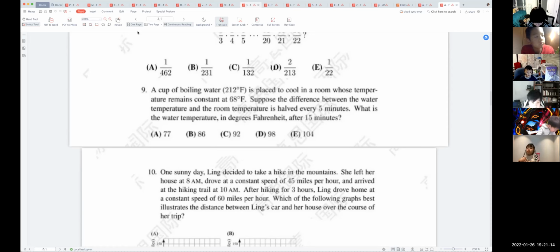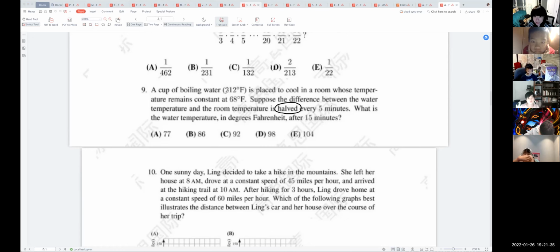So how do we do this one? Everybody think about it, okay? So what does halved mean? What does this halved mean? It means halved every 5 minutes, okay? So the difference will be cut in half.